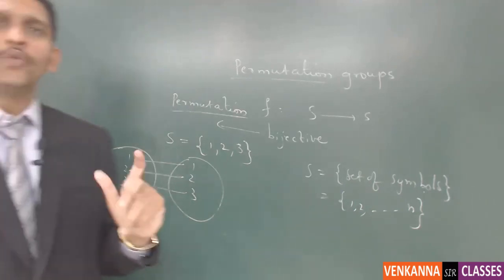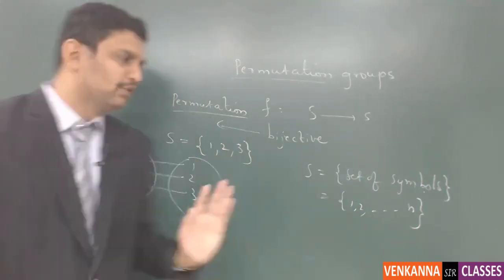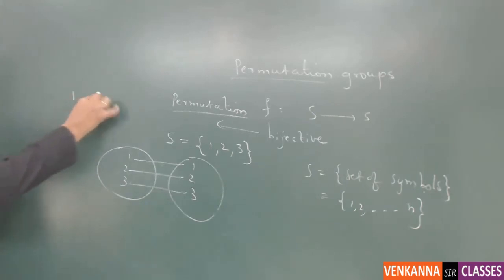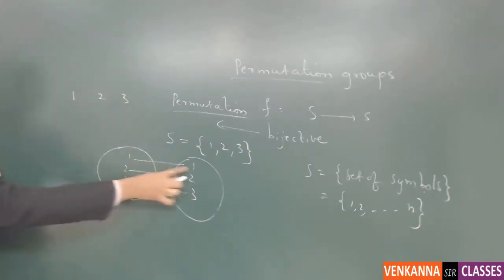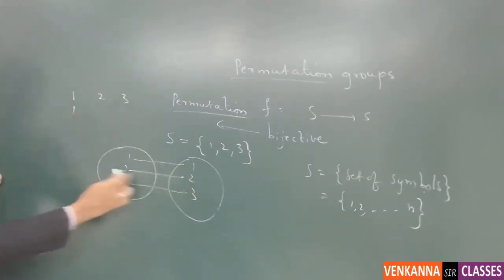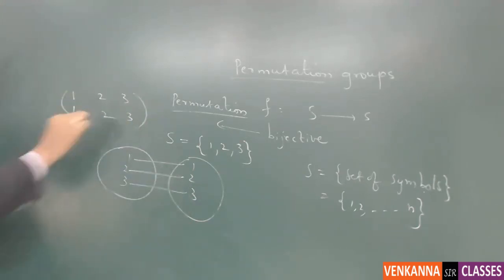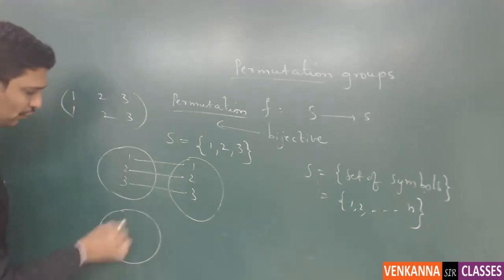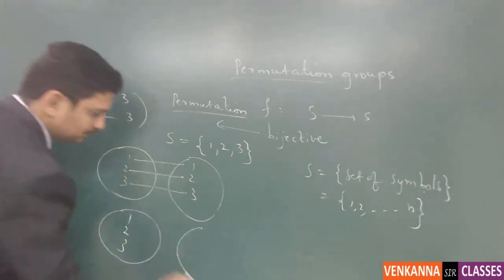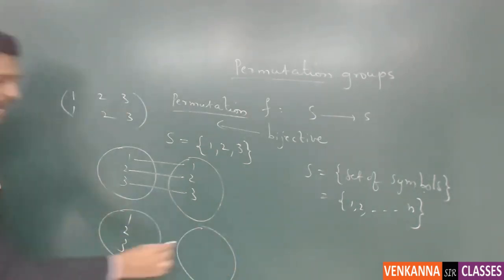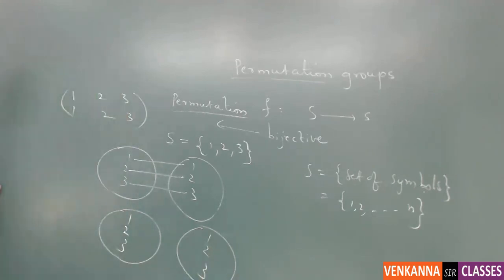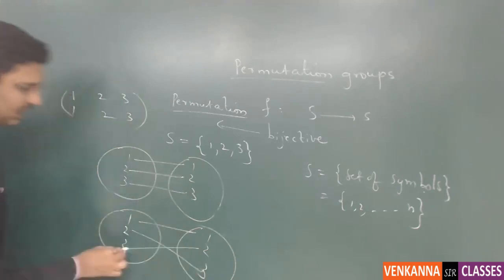Now, how do we represent this symbolically? We simply write 1, 2, 3, where 1 is paired with 1, 2 is paired with 2, 3 is paired with 3. We write it like this. You can do it in another manner. Say you fix 1, 2, 3 and you have the other elements 1, 2, 3. You can pair them in a different manner, say 1 with 1, 2 with 3, 3 with 2.